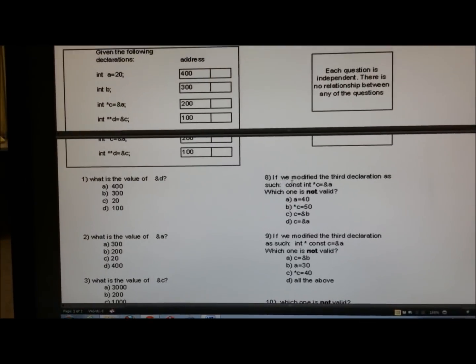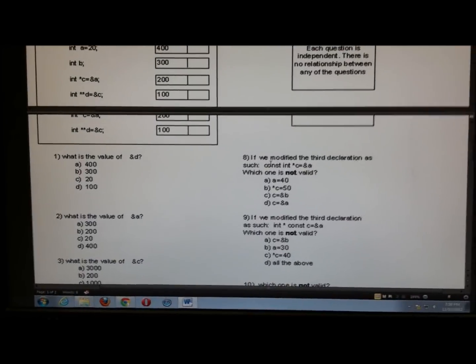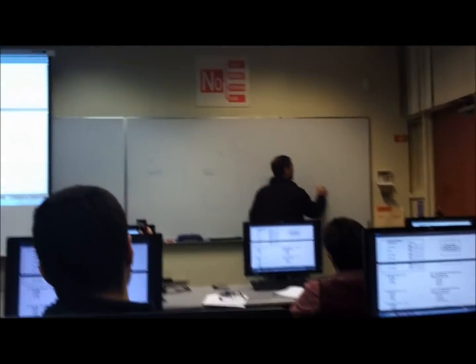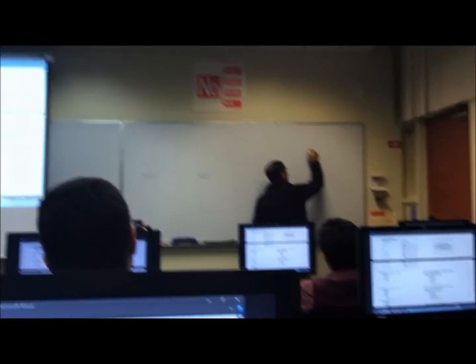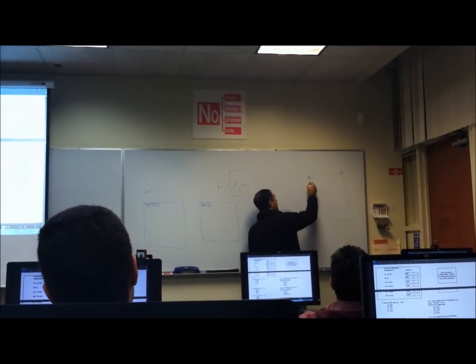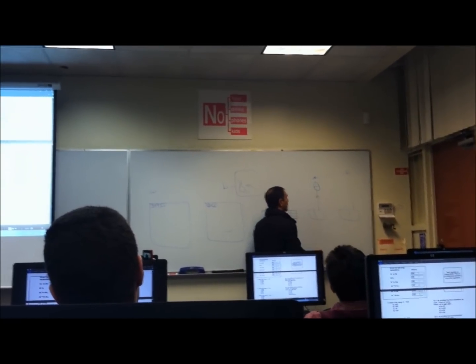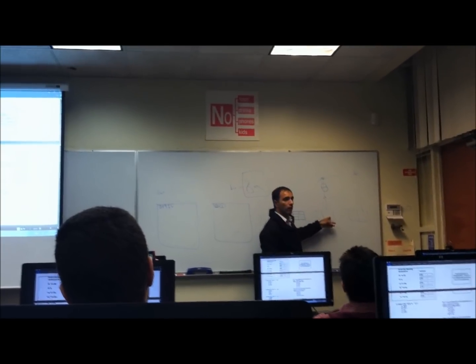Okay, so let's go ahead and just draw the picture. So what we have here is, we're actually placing a lock right there, which means that through asterisk B you should not be able to change this A right here.